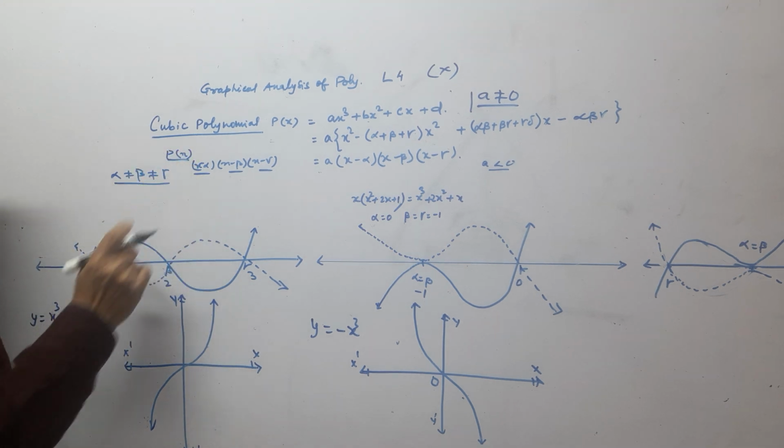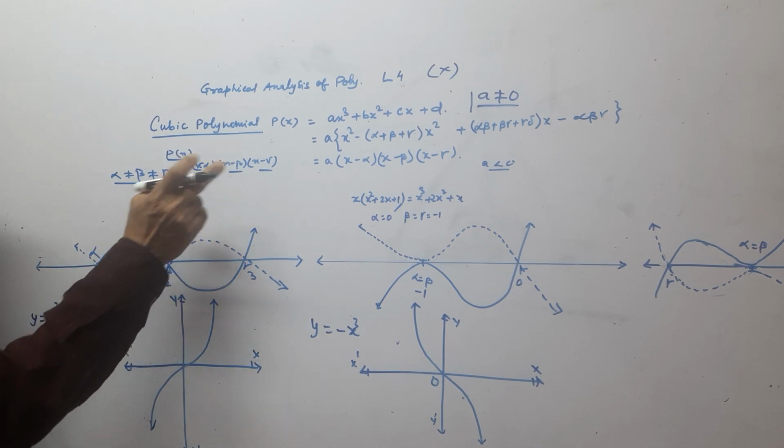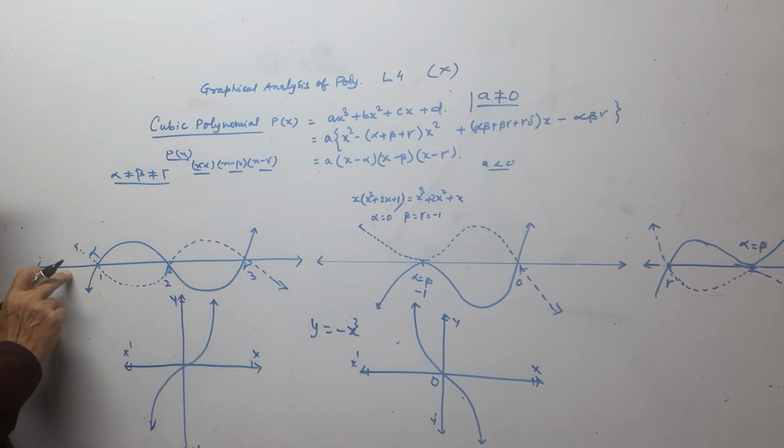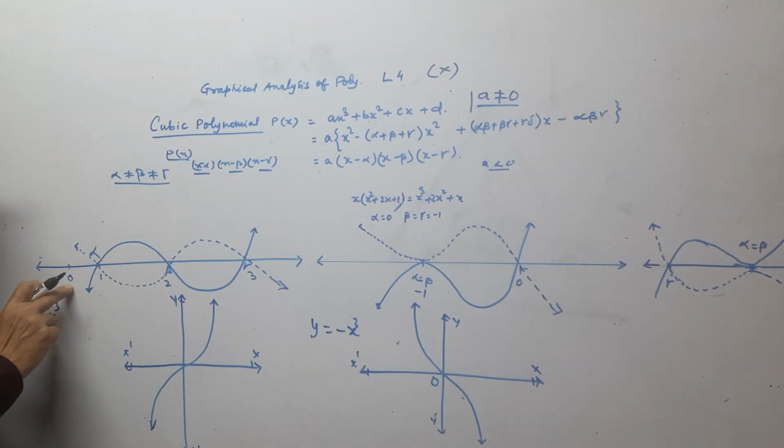Okay, suppose I am putting the value here, it is 1, 2, 3, suppose I have taken alpha as 1, 2. If you put 0 and you get the polynomial sign negative, then it is from downward. If you put x equal to 0 and the polynomial is positive, it is from upward.